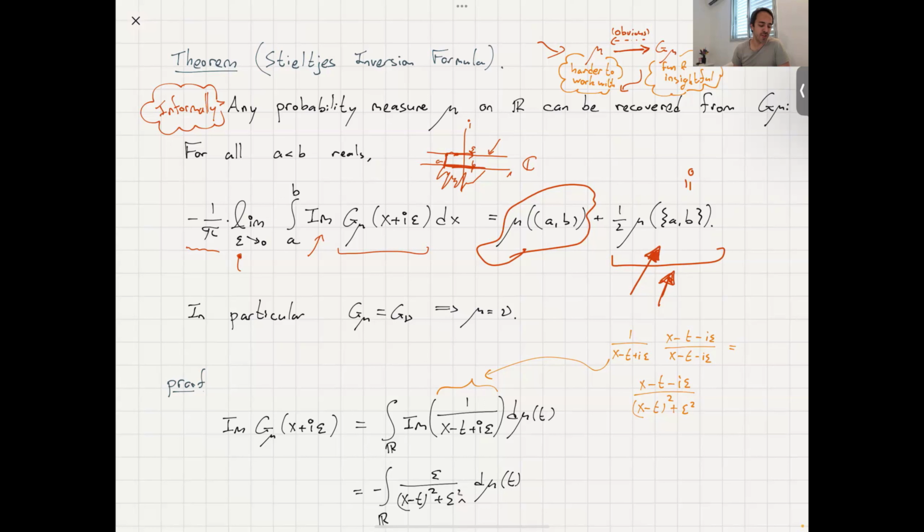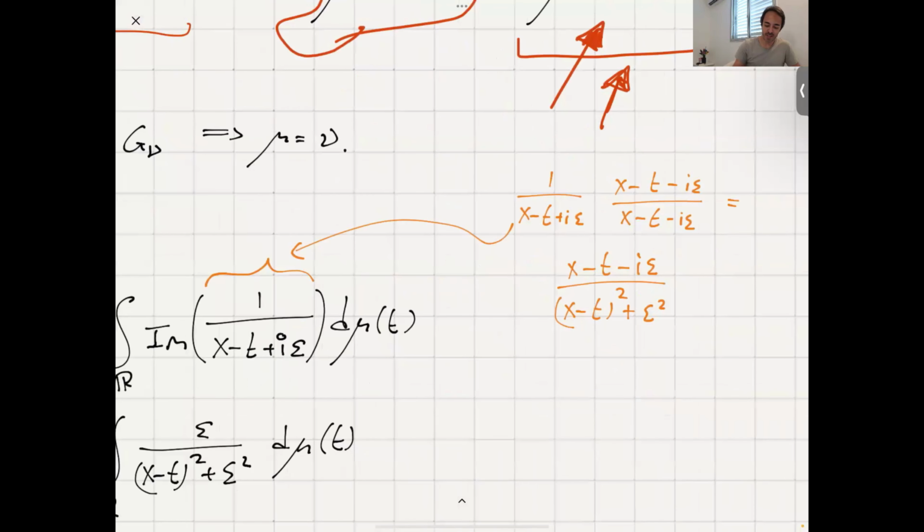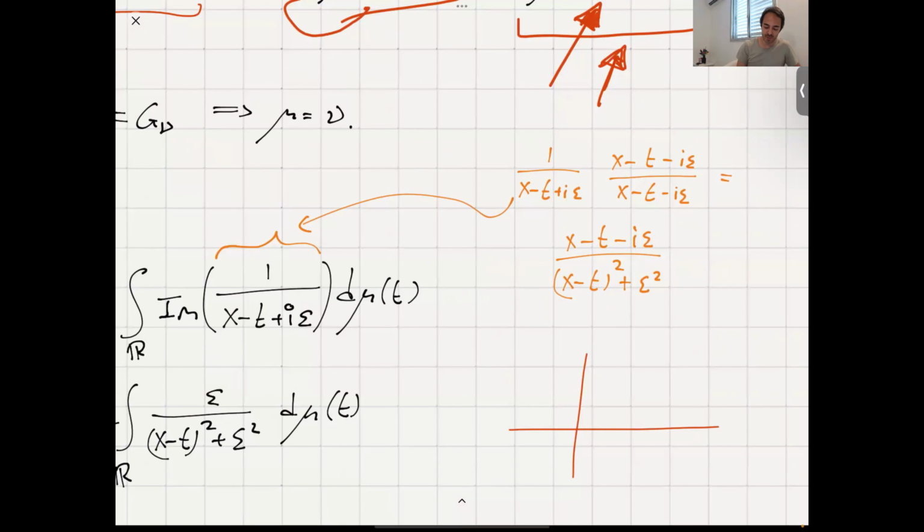So again, this is kind of a magical theorem. I don't know what picture you have in mind, but the picture I have in mind is that you have the measure here, and you really want to understand these heights. For example, if this is A and this is B, then this area is the thing you want to understand.